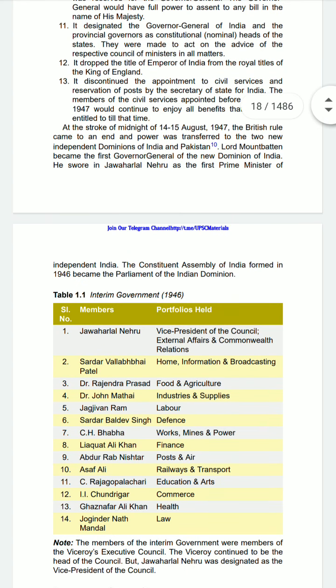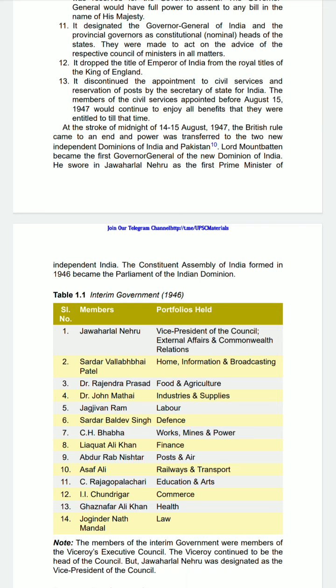It discontinued the appointment to civil services and reservation of posts by the Secretary of State for India. The members of civil services appointed before August 15, 1947 would continue to enjoy all benefits that they were entitled to till that time.